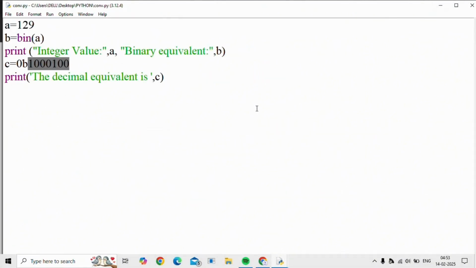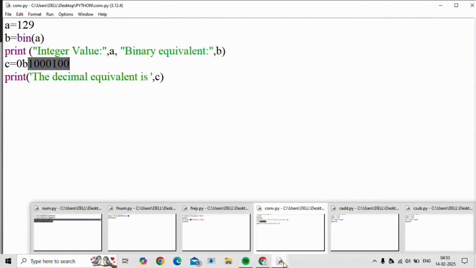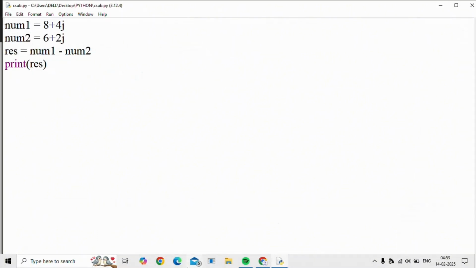We can move on to the next program. In this program, we perform the subtraction operation. We will subtract two complex numbers. How can we subtract the complex numbers?